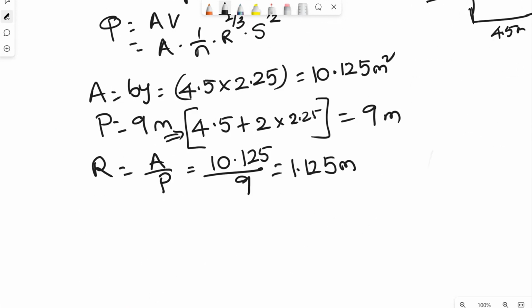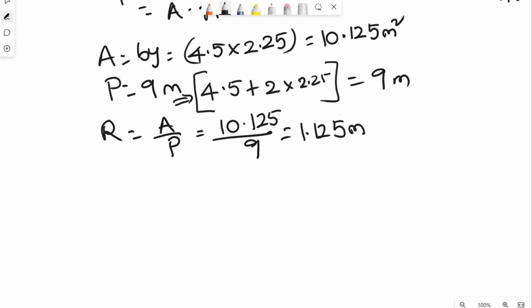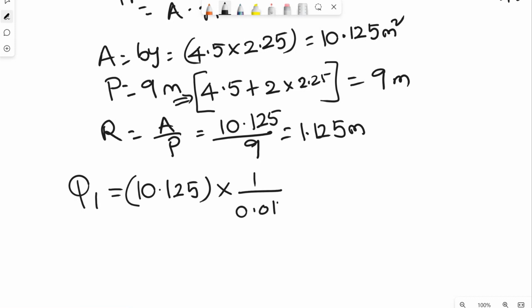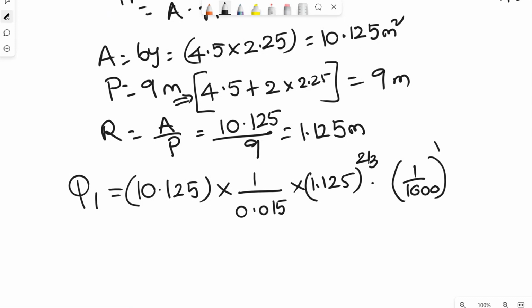Now I call the new one Q1. So Q1 is equal to the area 10.125, into 1 by N, which is 0.015, into R, 1.125 whole to the power of 2 by 3, into 1 by 1600 whole to the power of half.